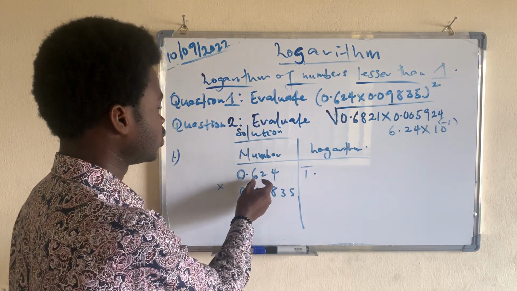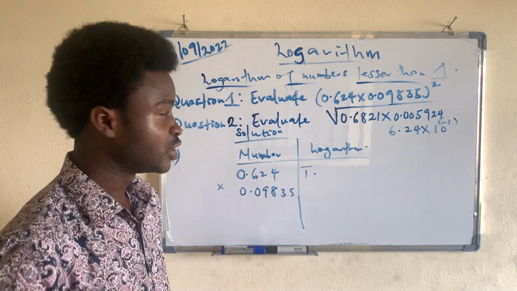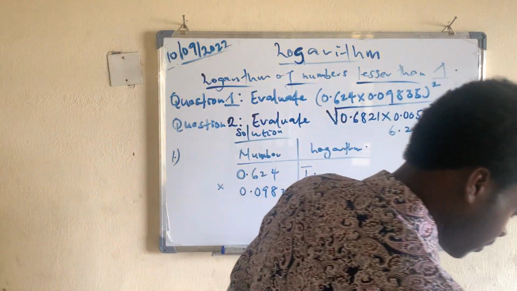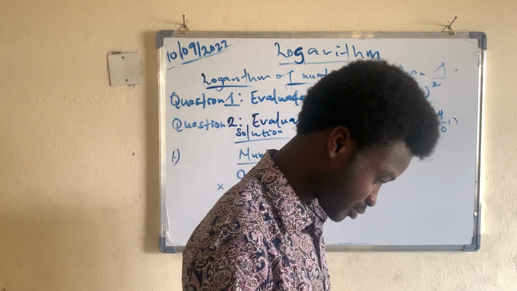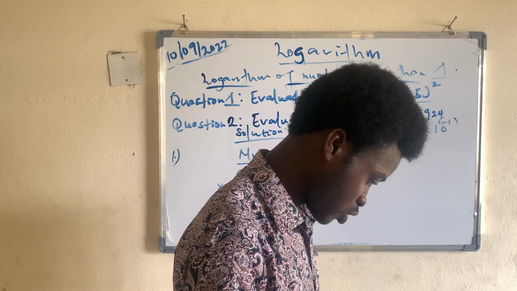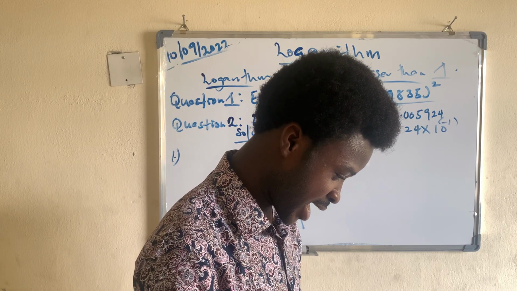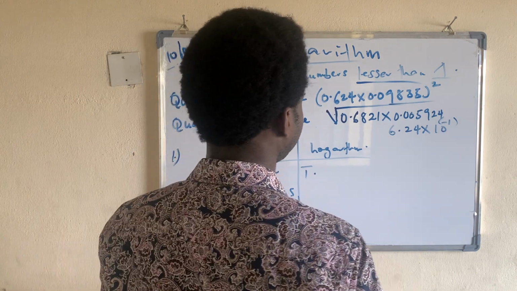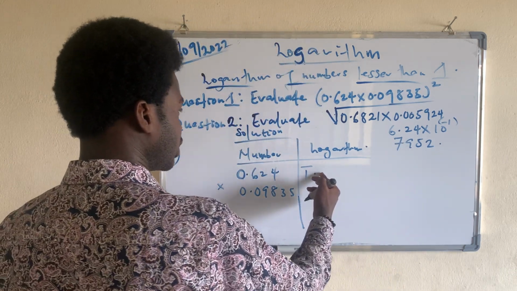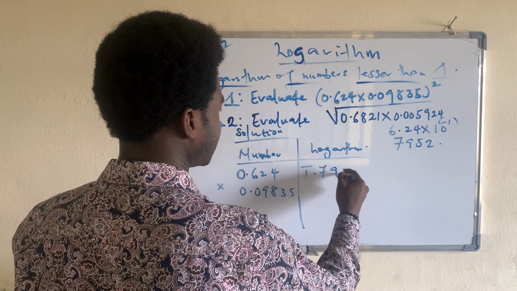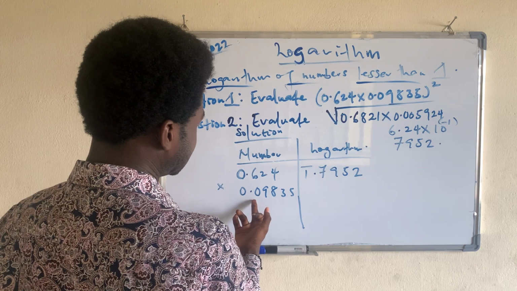Here we don't have the fourth, so we check in our logarithmic table. 62 under 4 is 7952. So we just put that here now: 7952.